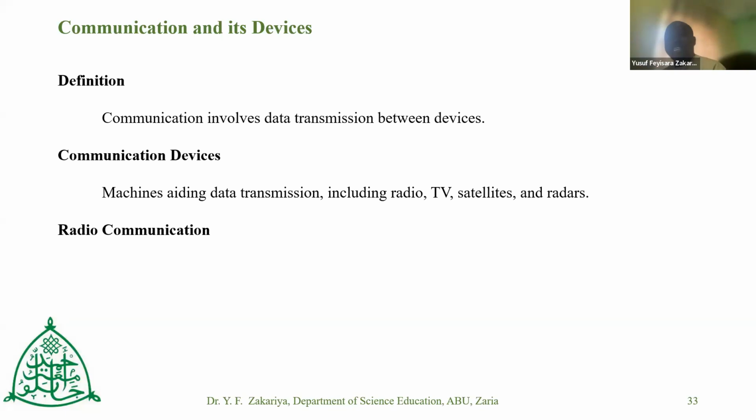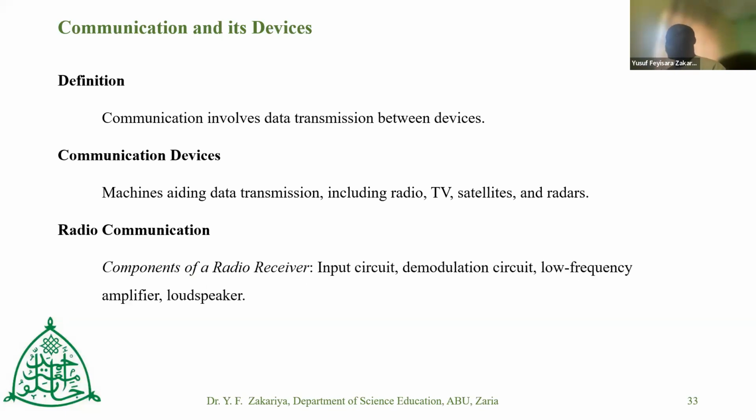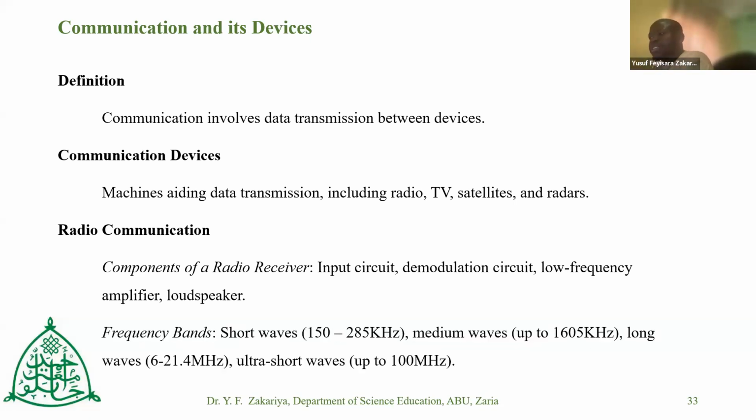We have the radio communication, the radio signal, and in this aspect we talked about modulation the last time. It falls under the radio signal, and the components of the radio receiver, like the input circuit, the modulation circuit, the low frequency amplifier, and the loudspeaker. They also talk about the frequency bands, the FM, the short waves, the medium waves, the long waves, the ultra short waves.